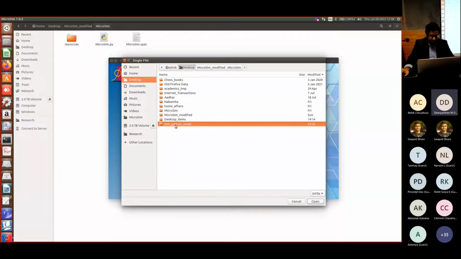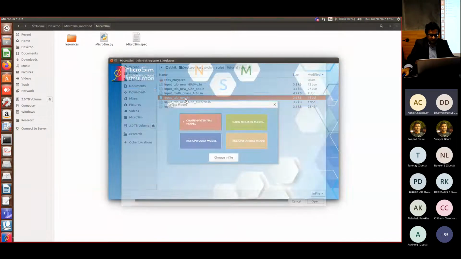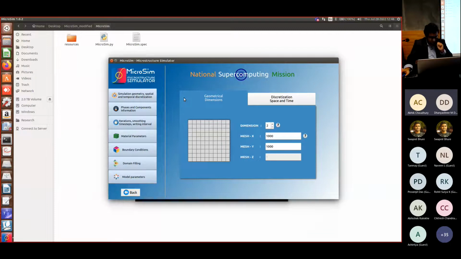OK. So let's go here. Just copy this, input TDB new. All right. So you just copy and import this in file, where all the necessary parameters are already loaded in. What I will change, in the interest of the small simulation domain that we can access on this small machine, is reduce it down to a manageable number.